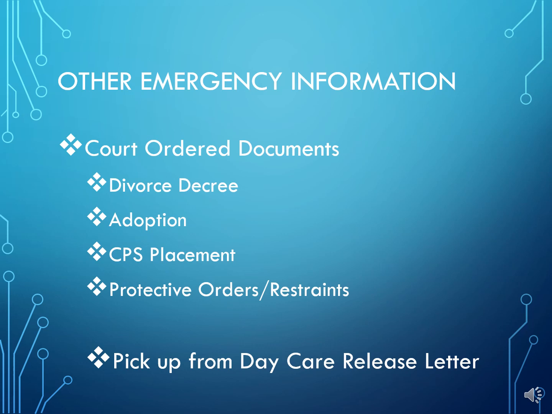There may be a divorce decree, adoption forms, CPS placement, protective orders or restraints. There will also be, if the child is picked up from a daycare center, a daycare release letter in there as well, giving permission from the parent for that school to pick up the child and for us to release them, and there should be names listed on there.